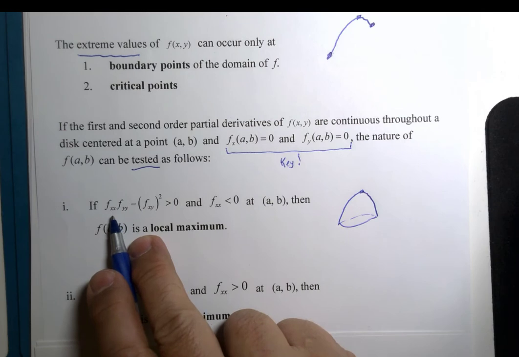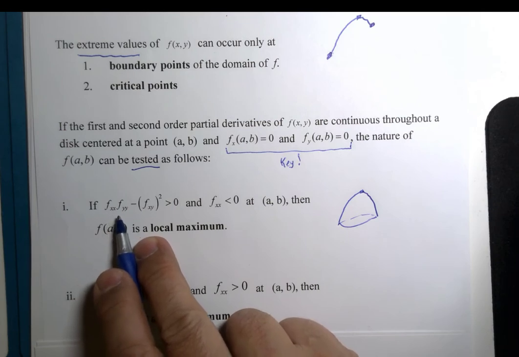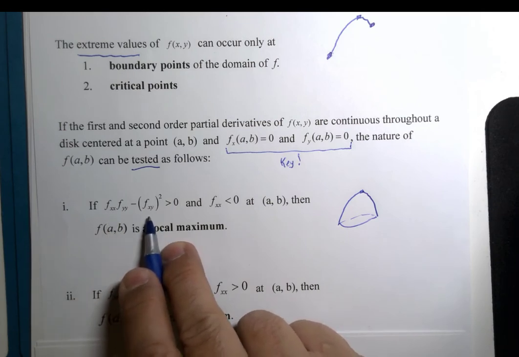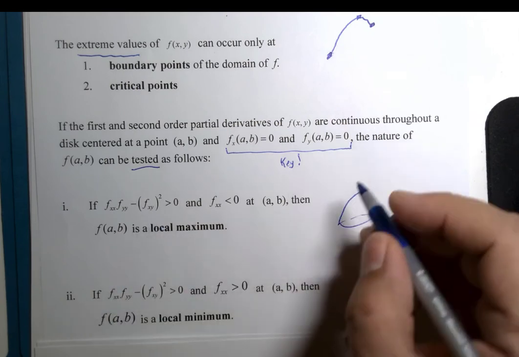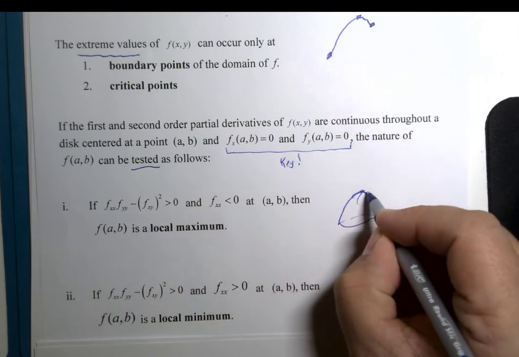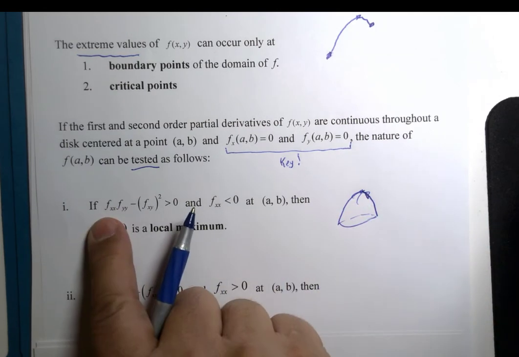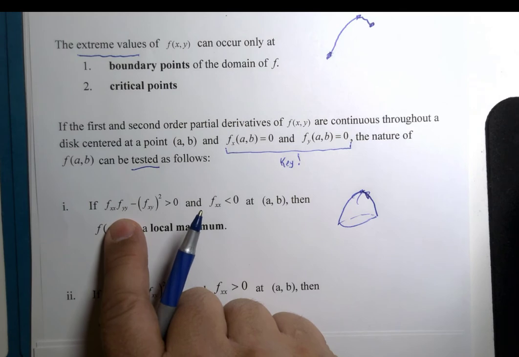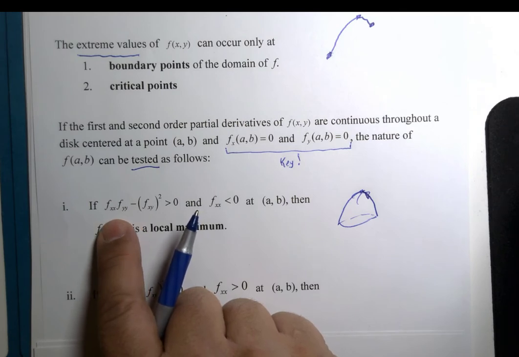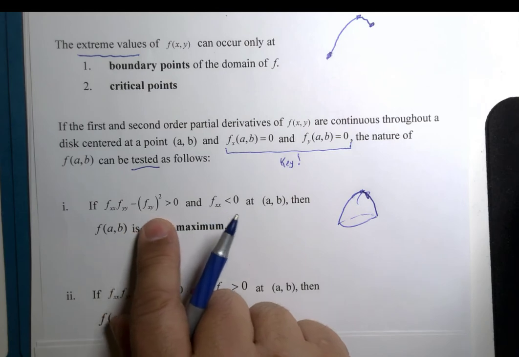If the x second derivative times the y second derivative minus the mixed second derivative squared is positive, which is basically just saying that the concavity, because second derivative measures concavity, I'm paraphrasing, this isn't quite mathematically pure here, that if you take the x and y second derivatives, that product is larger than the mixed derivative.